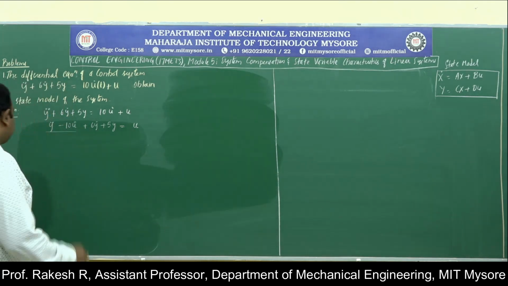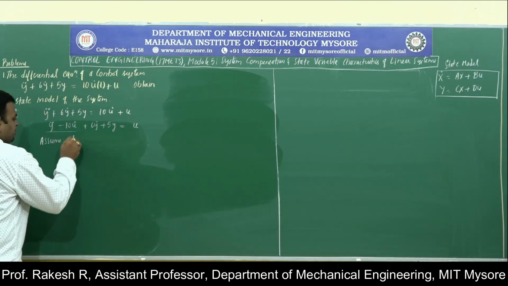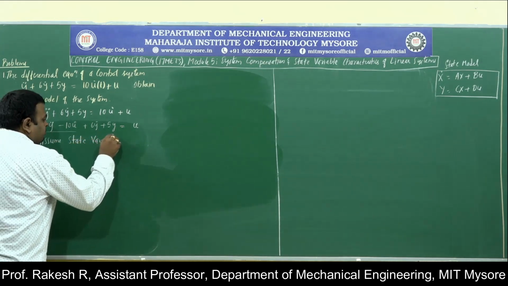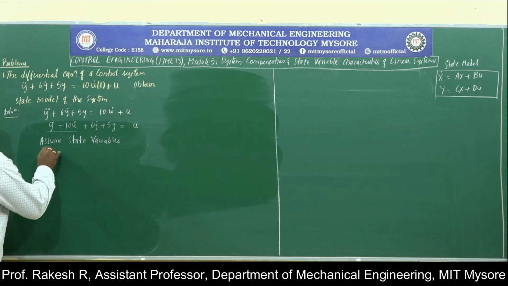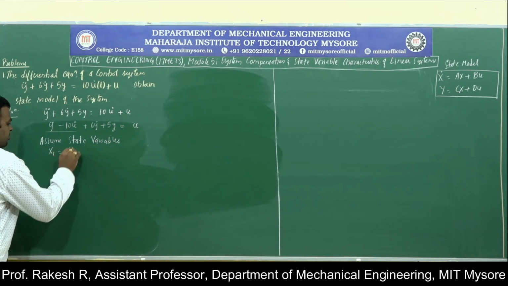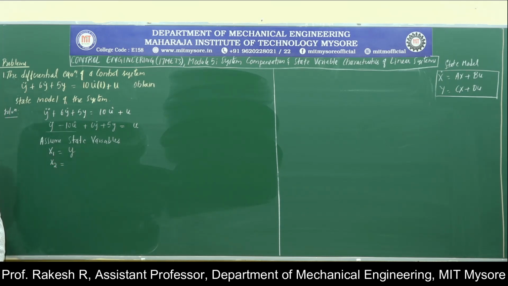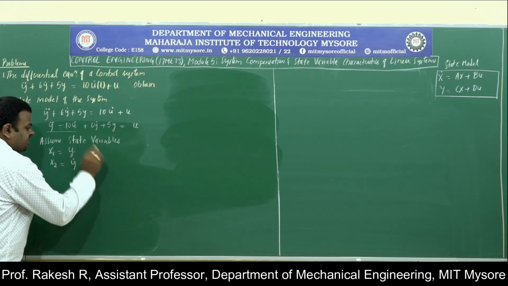So I will take the state variables. Assume state variables: x1 is equal to y and x2 will be equal to y dot minus 10 into u.